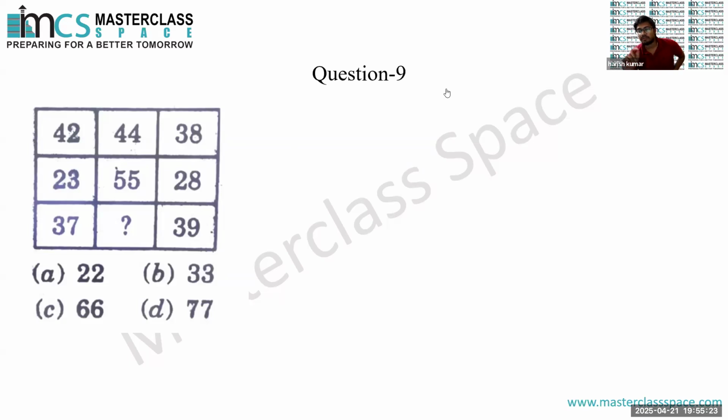Okay, guys. Now I'm giving you a small hint. Observe that in the middle column, the numbers are multiples of 11. And also the options given are multiples of 11. This is the hint.